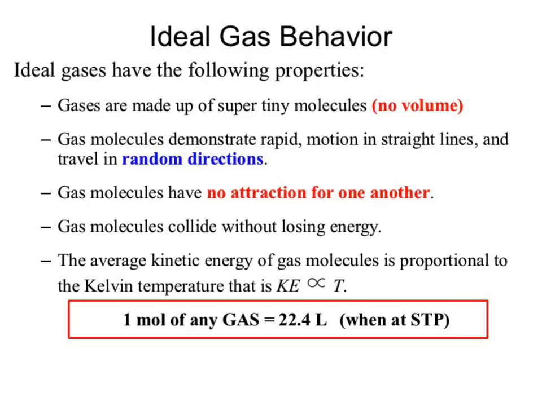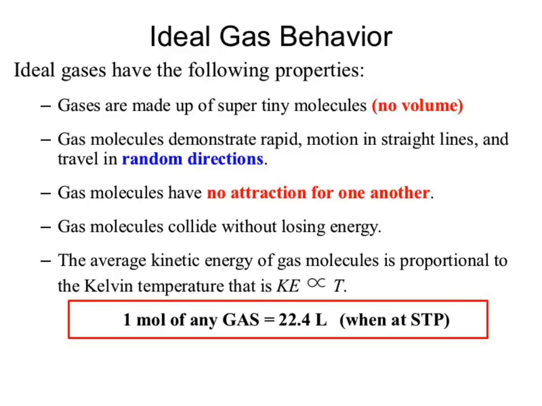What are we saying? For any molecule, I don't care which molecule it is. It can be a big molecule, a small molecule. If I take a mole of those molecules, they all occupy the exact same space. It's the first assumption. Our gas molecules have no volume. Okay?